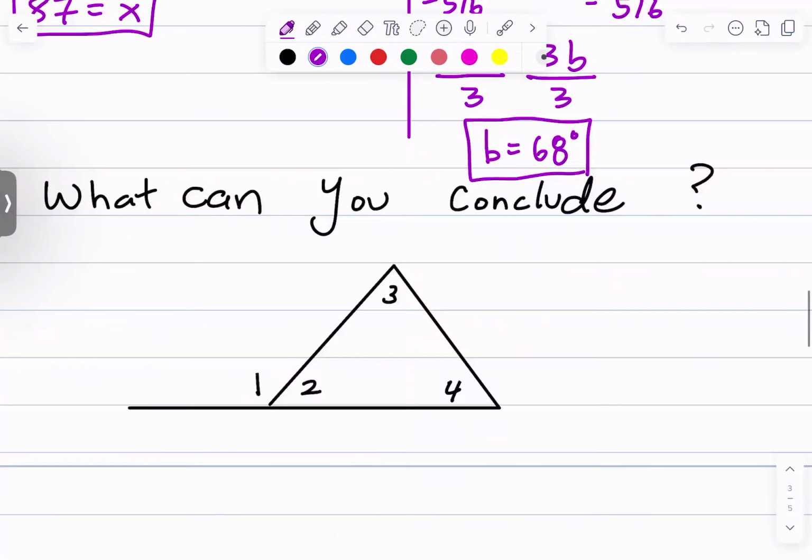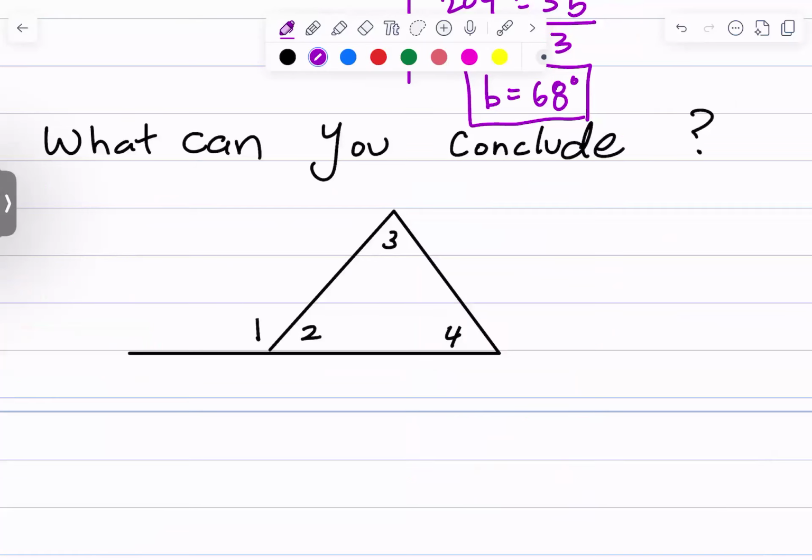All right. Now, by looking at this picture, what can you conclude looking at the picture between the angles? So I'll give you guys another 2 minutes. Think about that.